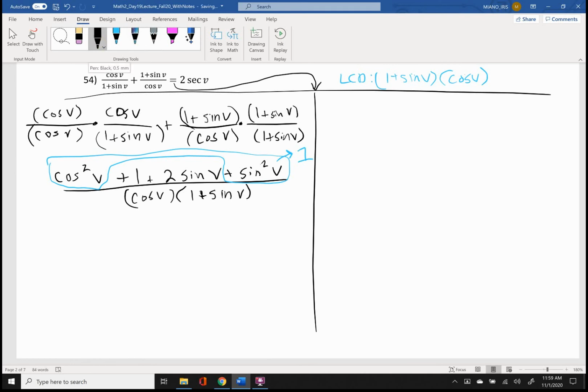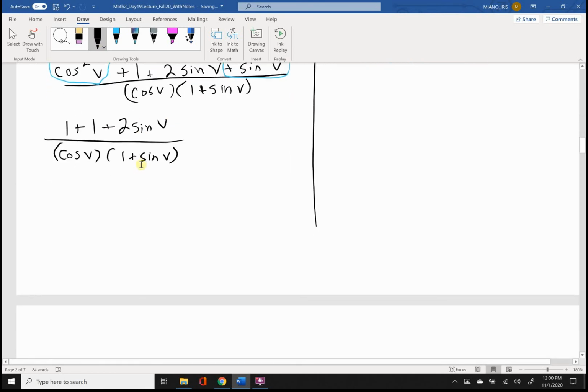So then this becomes 1 plus 1 plus 2 sine V all over cosine V times 1 plus sine V. Okay, so we can add these together and we will get what? 2 plus 2 sine V.